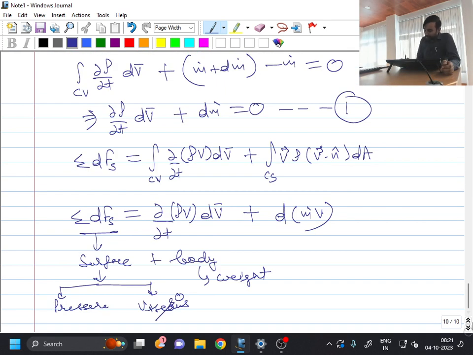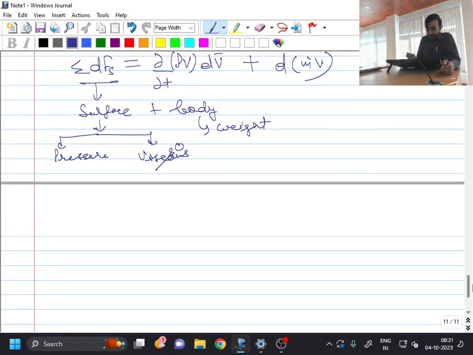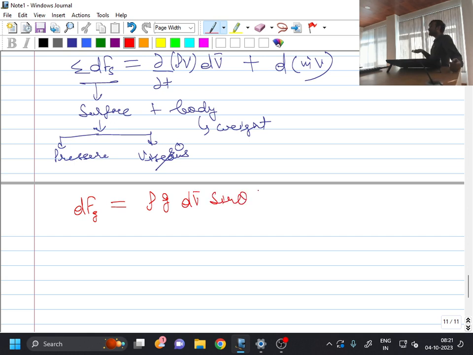So the force because of weight, please tell me, are you understanding or not? The force because of gravity is equal to rho g into dV bar sine theta. Why sine? Because I have to consider the forces along the streamline. I am applying my RTT along the streamline. Point is clear? So ultimately what will I get?